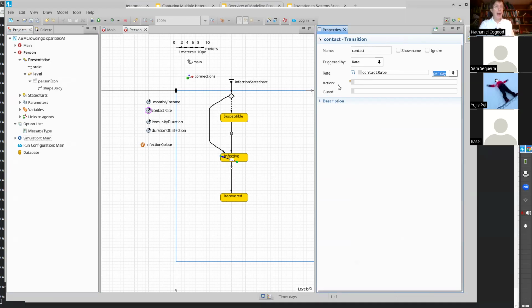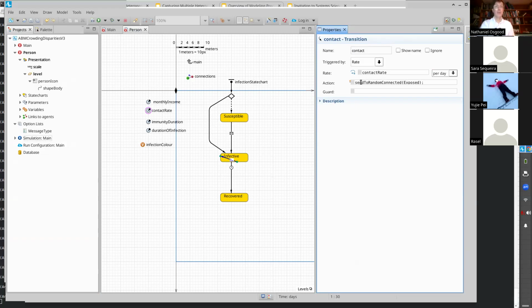So in the action, we want send to random connected. That means they're going to send it to one of their neighbors in the network. And what message are we going to send them? What message type? Guess what? The only type there is, and that is what? Yeah, and it'll auto-complete it.